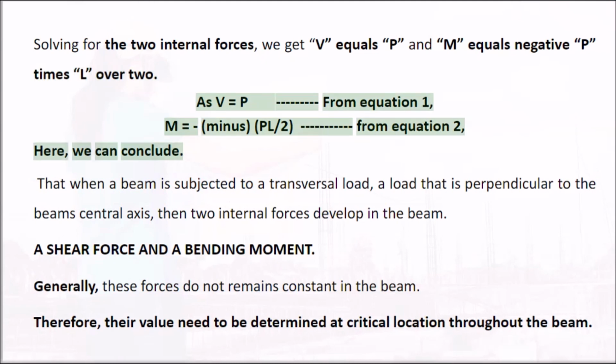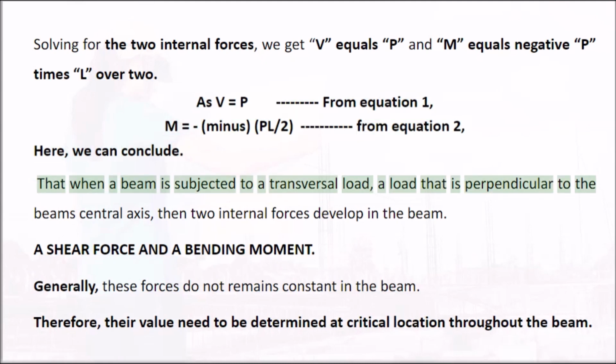As V equals P from equation 1, and M equals minus PL/2 from equation 2, we can conclude that when a beam is subjected to a transverse load, a load that is perpendicular to the beam's central axis, then two internal forces develop in the beam: a shear force and a bending moment.